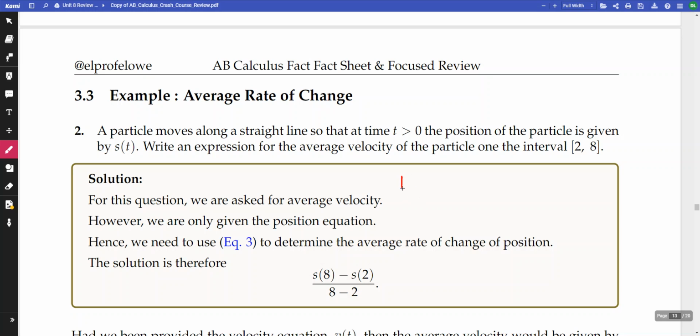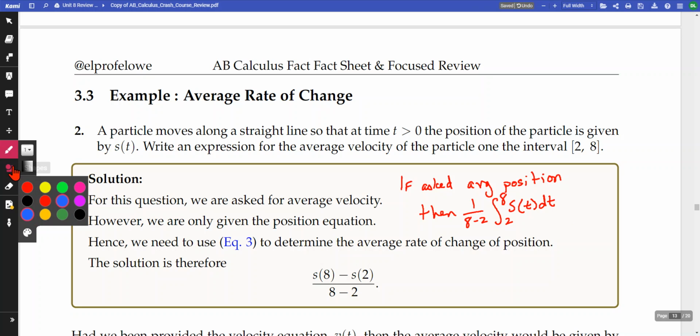And consequently, if we were asked for the average position, then we would have 1 over 8 minus 2, the integral from 2 to 8 of the position function. And unit analysis, or dimensional analysis, can help us here.